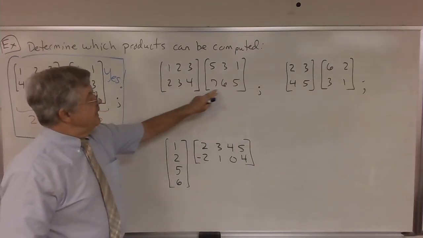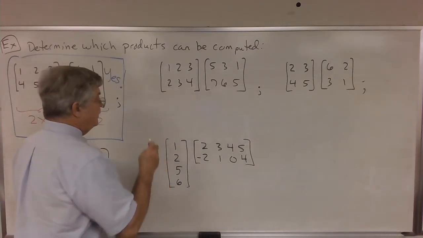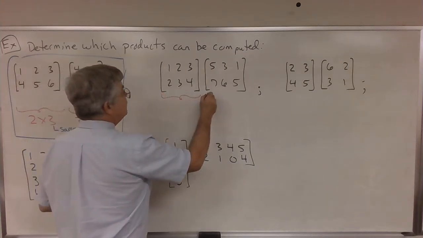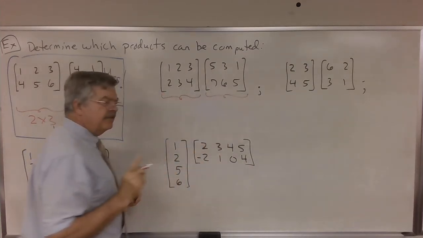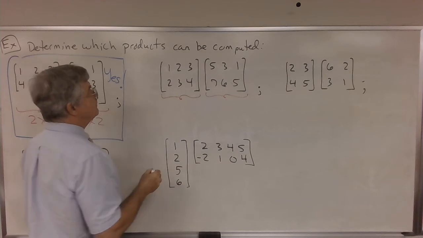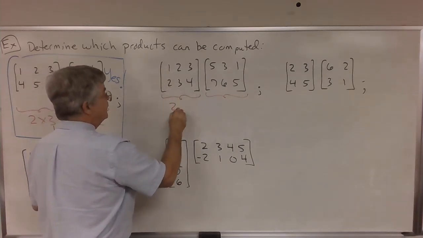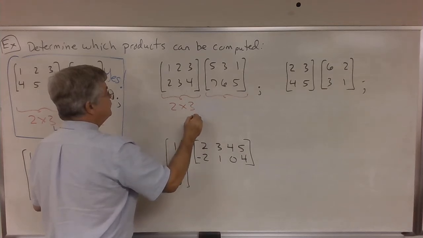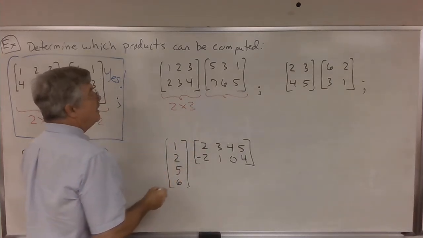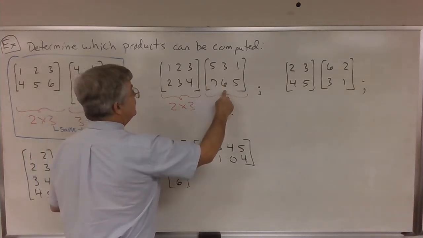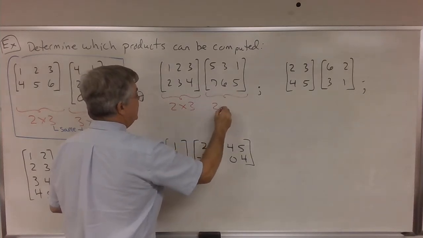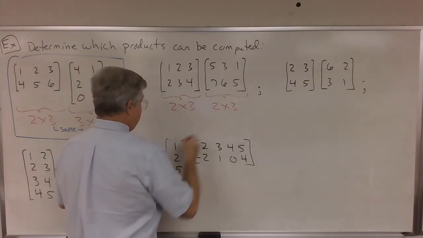Now let's go to the second pair of matrices and let's see if they are of the right size with respect to one another. This has 2 rows and 3 columns, so its size is 2 by 3. And this has 2 rows and 3 columns, so its size is 2 by 3.